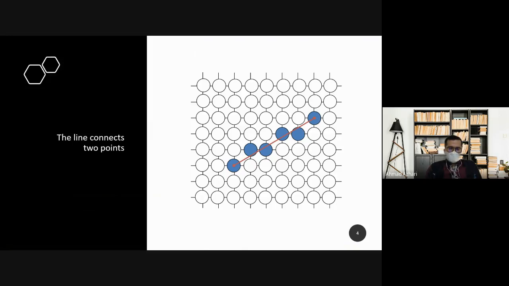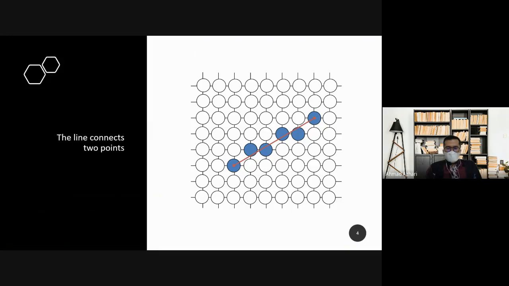It consists of multiple points making some columns and some rows. So there will be some pixels.